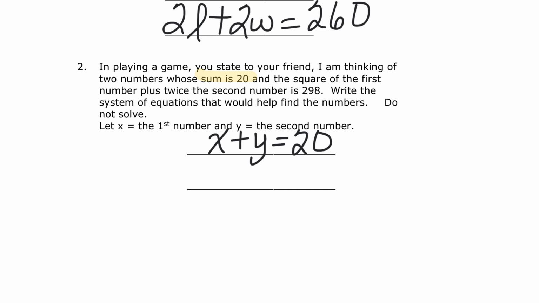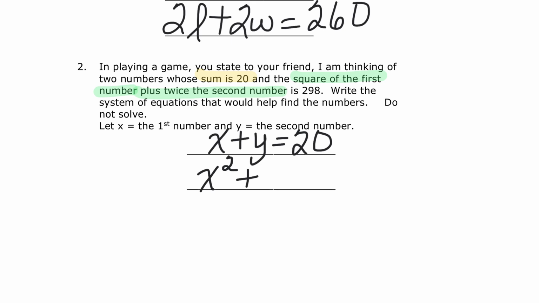The second statement is a little bit trickier, so let's read through that one carefully. It says the square of the first number. The square of the first number would be x to the power of 2, plus, so we're going to put a plus sign there, twice the second number.